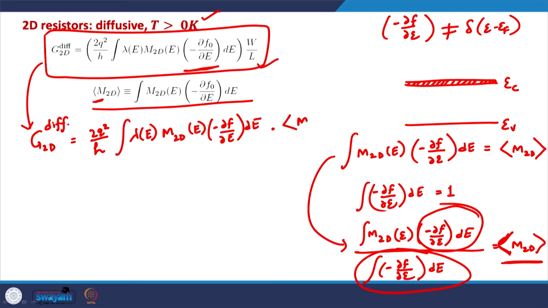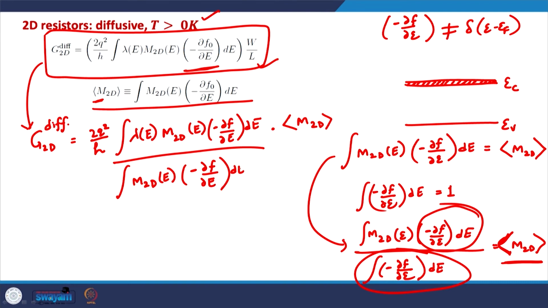We multiply and divide by this average function, and in the denominator we write the expanded version of this average, which is the integral of M2D(E) times minus del F by del E dE, and of course we have W by L as well from here. Okay. So, now this is the conductance at normal temperatures.